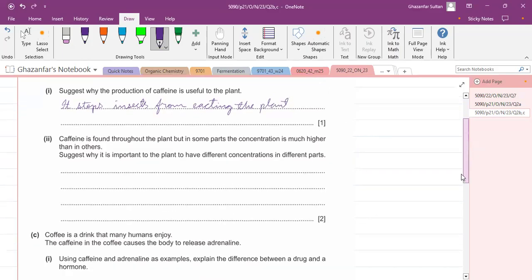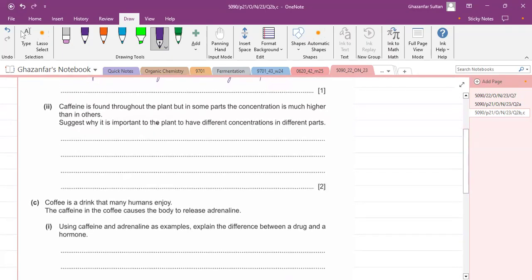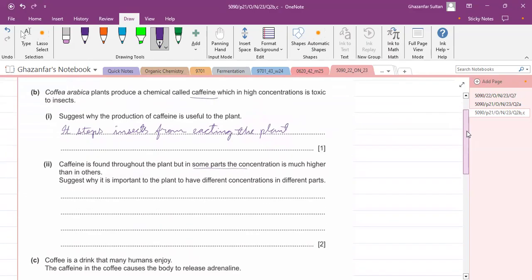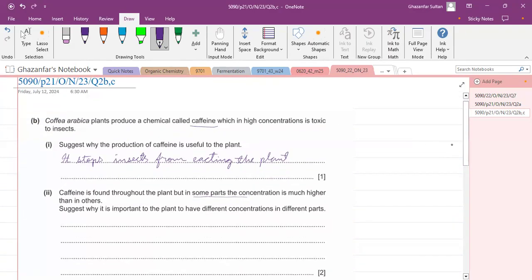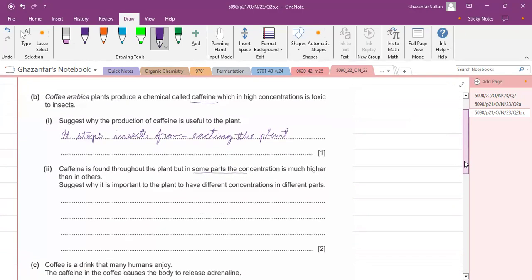Second part says caffeine is found throughout the plant, but in some parts the concentration is much higher than in others. Suggest why it is important to the plant to have different concentrations in different parts. So definitely, as they have already mentioned in the question, the high concentration is toxic to the insects.